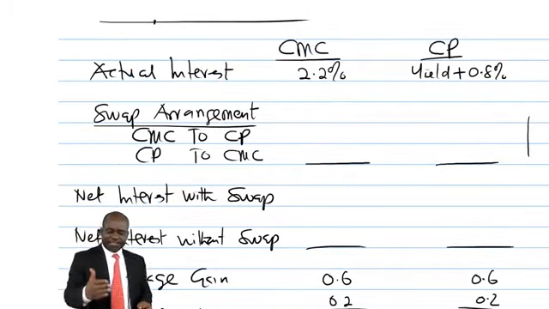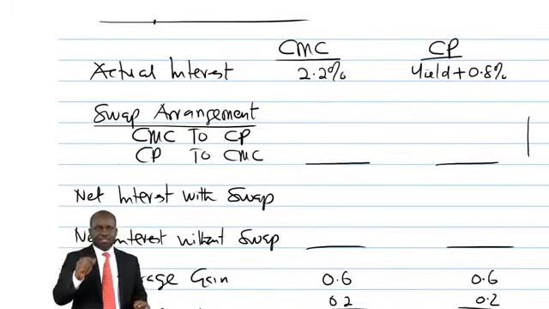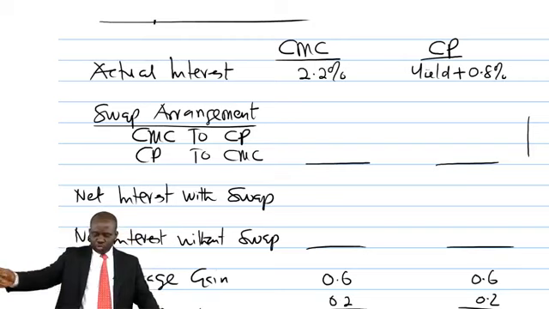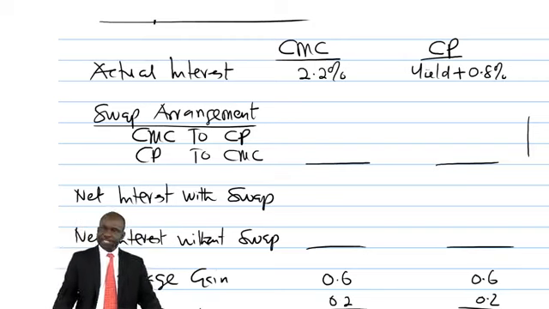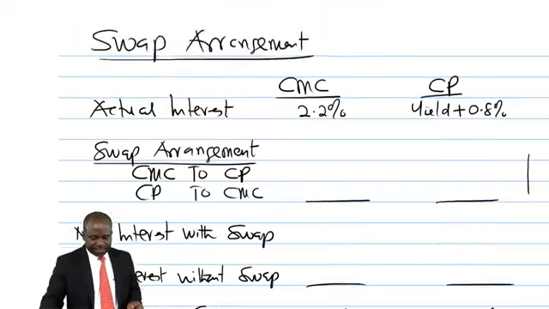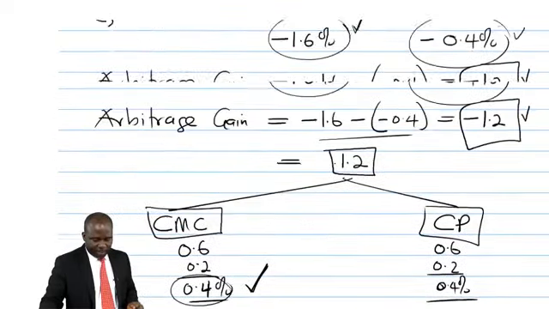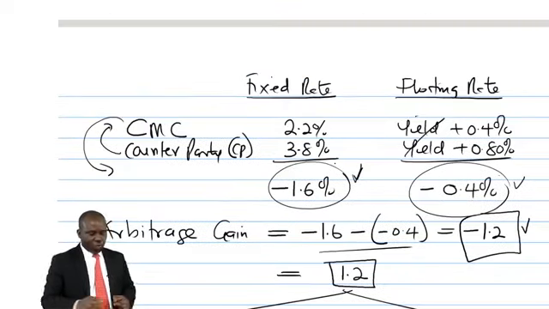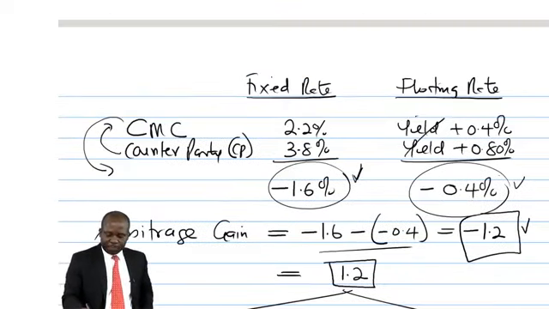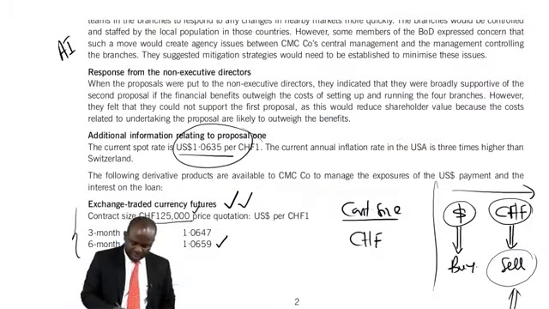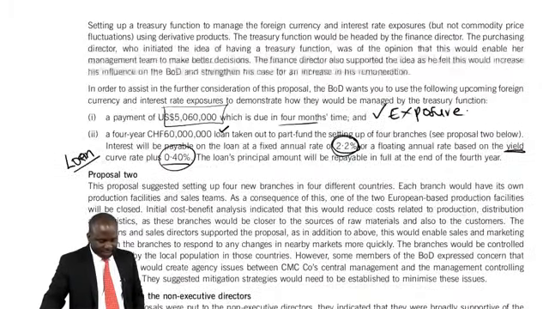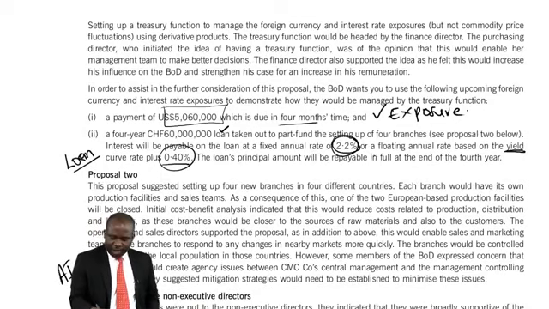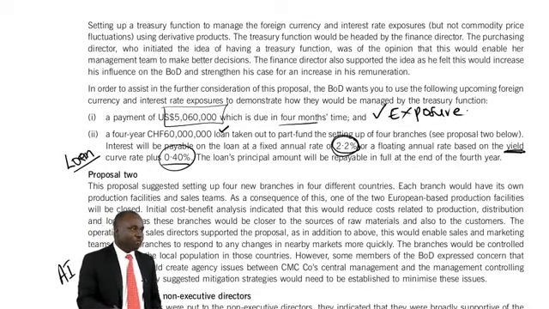Okay, CMC is on fixed. Its intention is to move to variable. Therefore, if CMC should go variable, CMC would have paid the yield plus 0.4. Let me bring you on that level. CMC, if they move into variable, they will have paid the yield plus 0.4%.